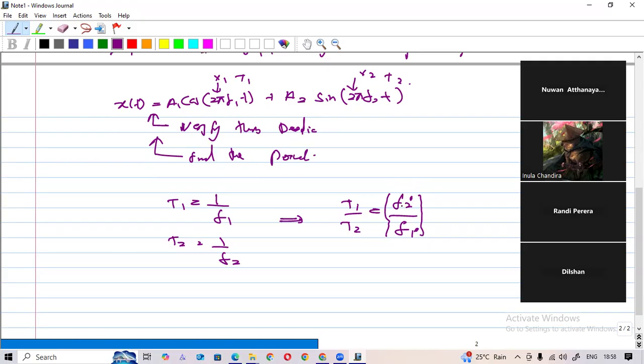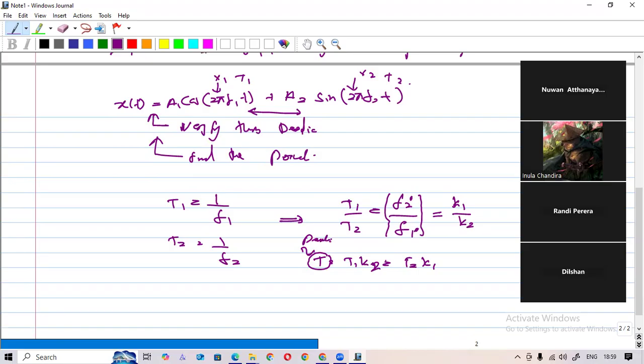Then let's say once you simplify this to k1 over k2, integers, then the total T is equal to T1 k1, which equals T2 k2. In this way you will find the period of the composite signal.